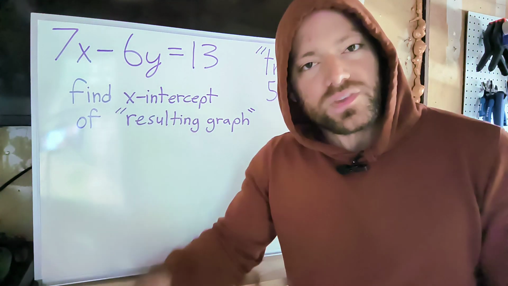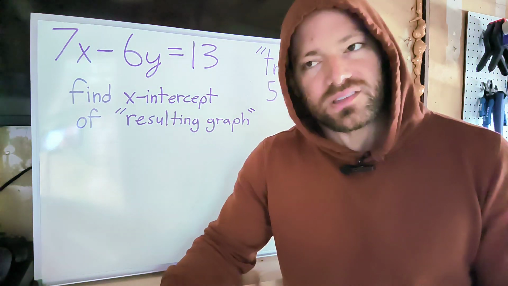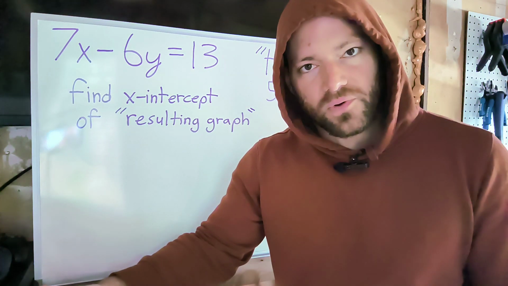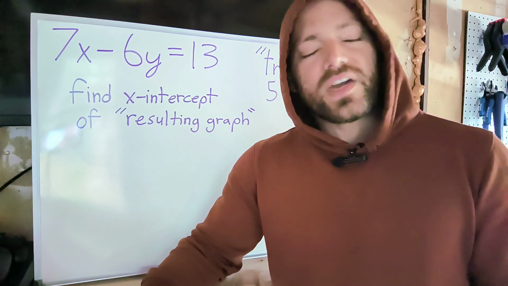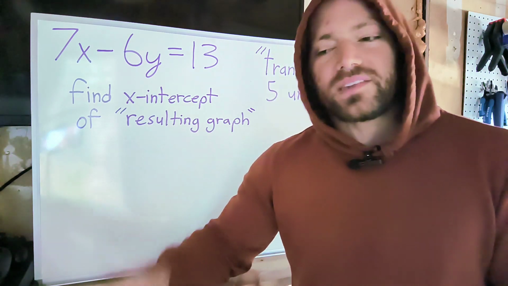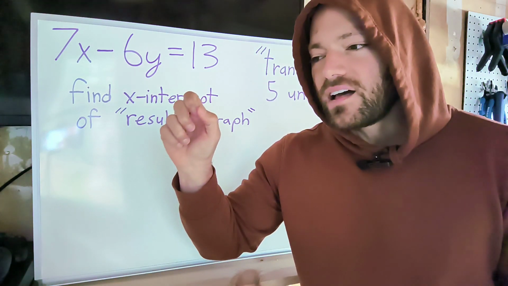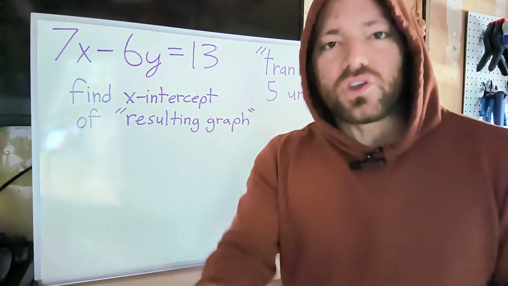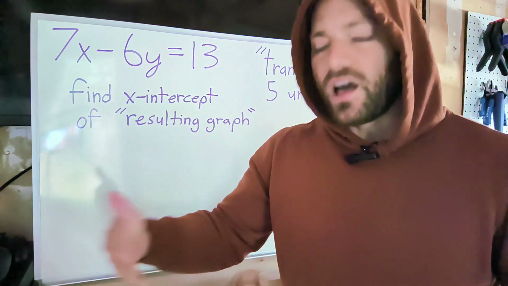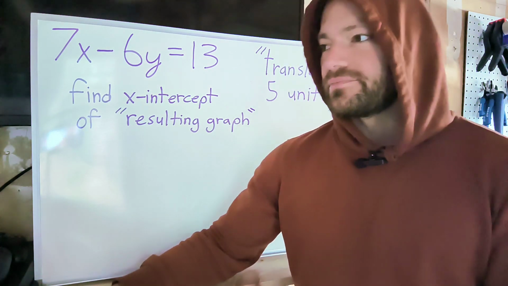In fact, they do this a lot. They give us line equations in what is called standard form, ax plus by equals c, because they know it's going to make things just unfamiliar looking enough to make you feel like you're not equipped to do the problem.